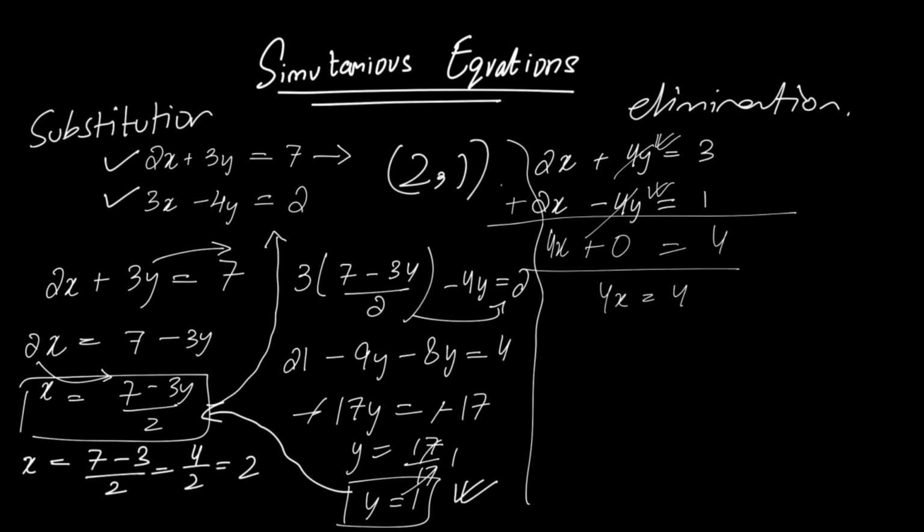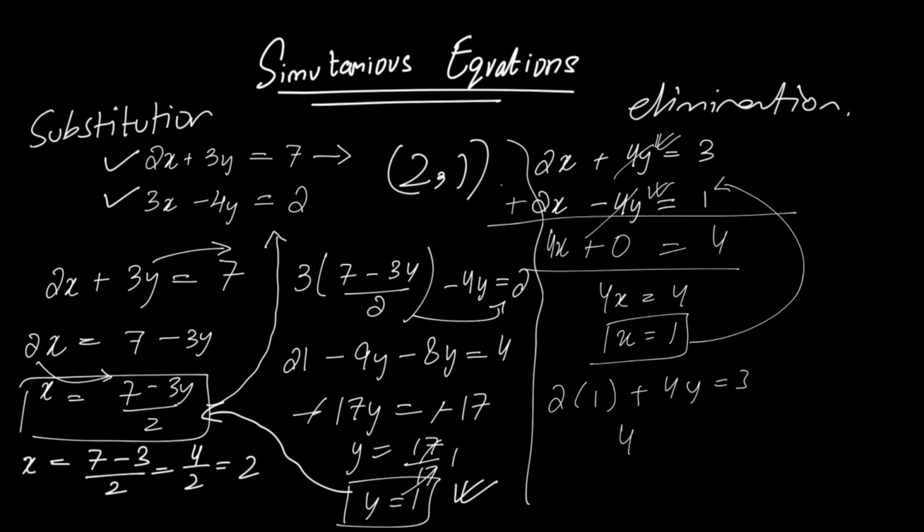So 4x is equal to 4 and x is equal to 1, and then you can put this back into one of the equations. 2 into 1 plus 4y is equal to 3. You can solve this and y is equal to 1 upon 4. So this is the place where these two equations meet.